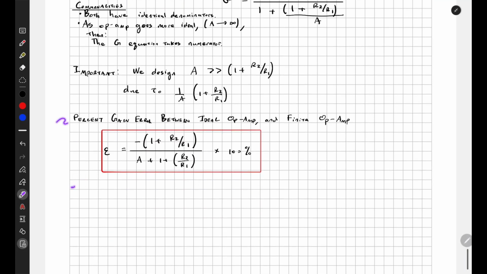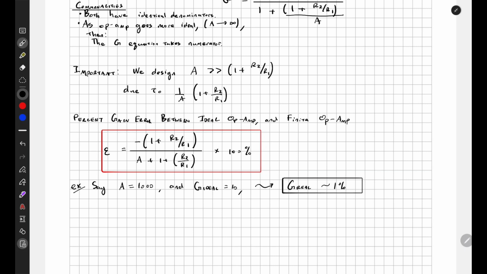Let's just go through some quick example. Say the open loop gain is 1000. And the circuit we designed was matching the resistance values in such a way that the ideal closed loop gain would be equal to 10. What is the percentage error? I'm not going to go through the derivations because that will take some time, but we can just say it is around 1% error, roughly.